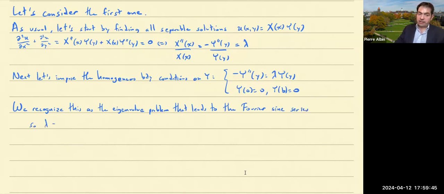So we know that the eigenvalues are n pi over L squared, when n goes from 1, 2, and so on. And capital Y is a multiple of sine of n pi over L, but in this case, L is b, times y.